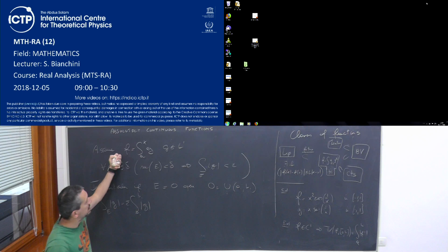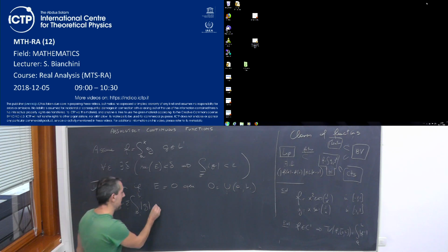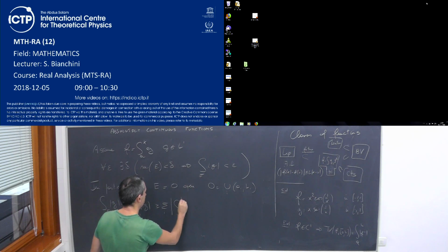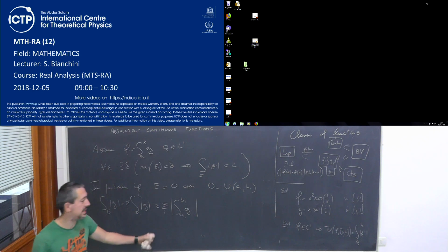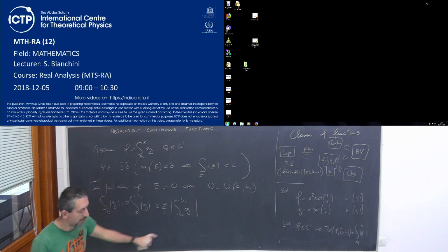Okay, still it is not f, but clearly this is smaller than the sum of the integrals of the modulus. This is the monotonicity of the integral, no? g is less or equal than its modulus. And now this is f.